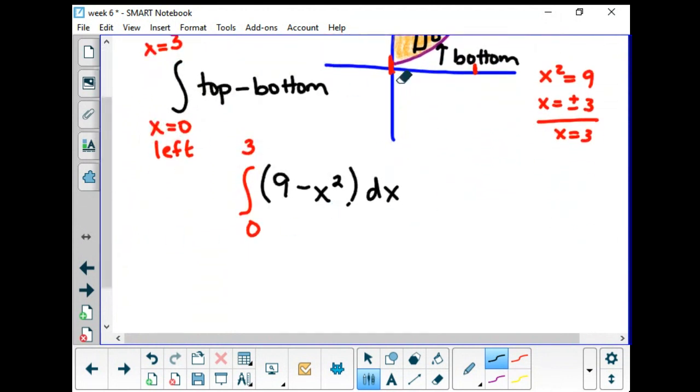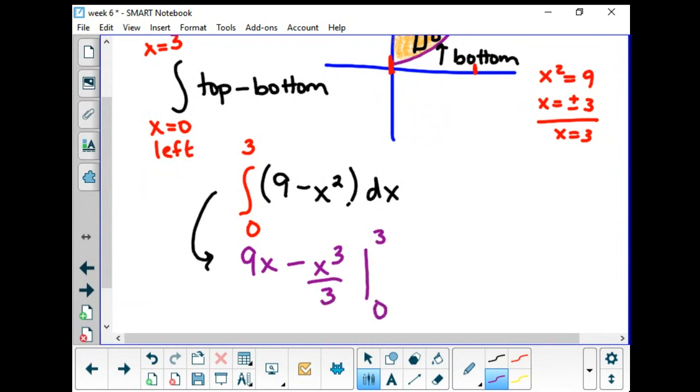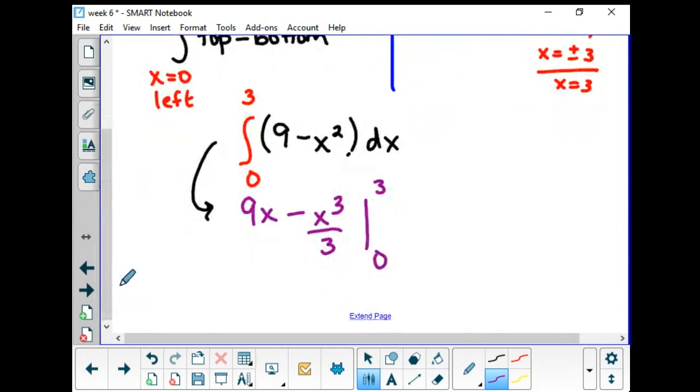Okay. So that was kind of our focus last time, was the idea of how to set up the integral that would calculate an area. And then, not new, but just a reminder, I would then take the antiderivative and I would evaluate the antiderivative at my two limits of integration, starting with the top one plugged in minus the bottom one plugged in, which is fundamental calculus.